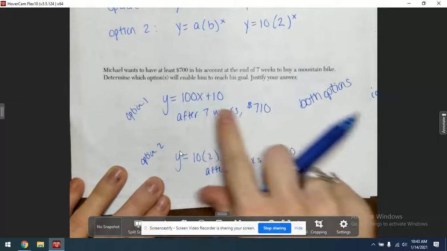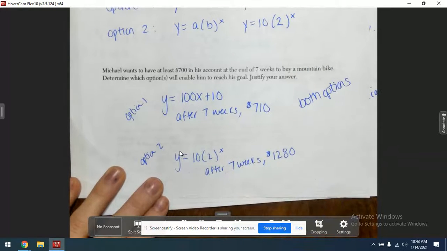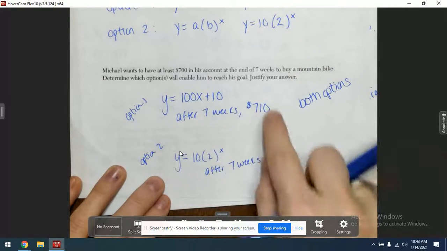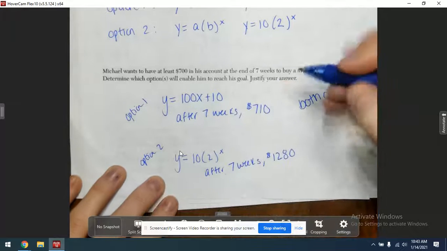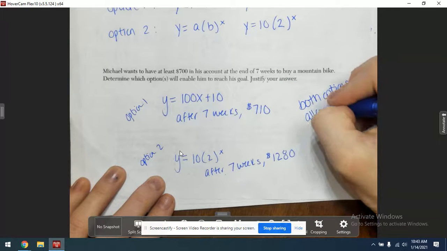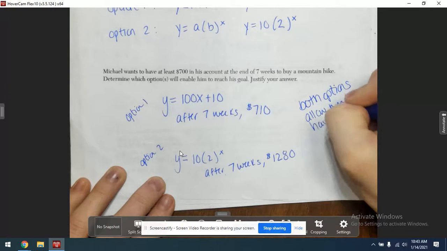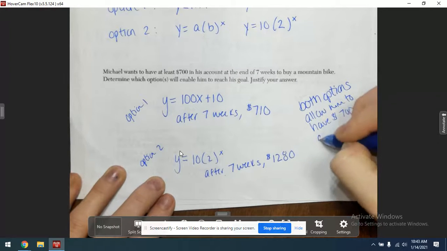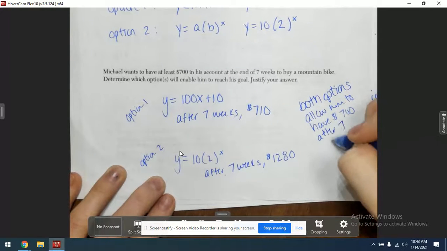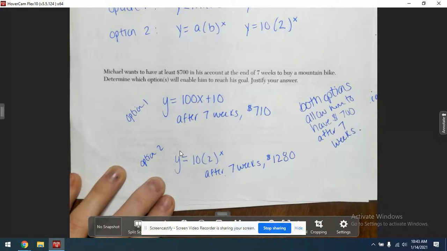But that's not what it's asking. It just says which options will help him reach his goal. Justify your answer. We justified by showing work. That's what that means. Both options allow him to have $700 after 7 weeks.